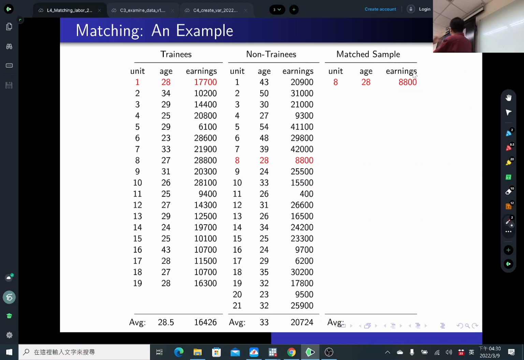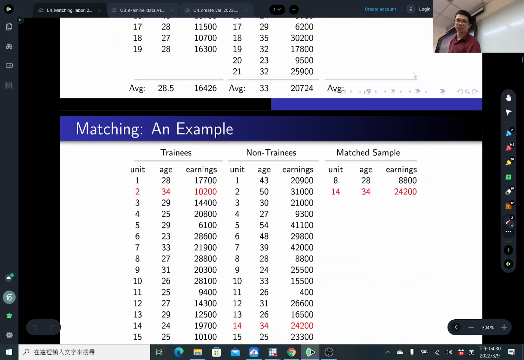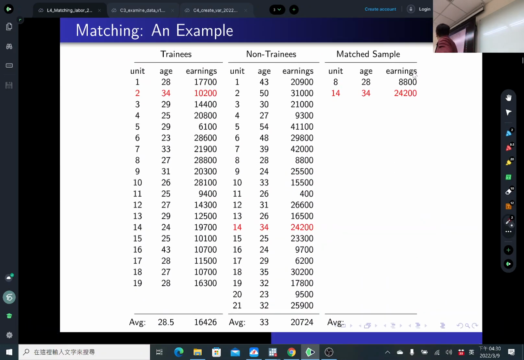And then you do the same process, try to find some people in the control group with the same age as the treatment group, like 24, that is this guy. So you use that as the control group. And you do this process several times, try to match 29, this guy, to construct a more comparable control group.